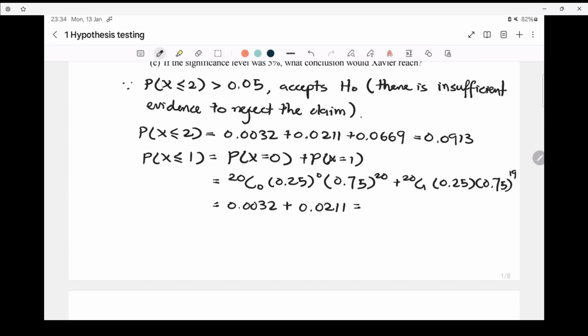So this is 0.0032 plus 0.0211. So this is basically 2%, which is less than 5%, which is 0.05. So n equals 1 will be the critical value.